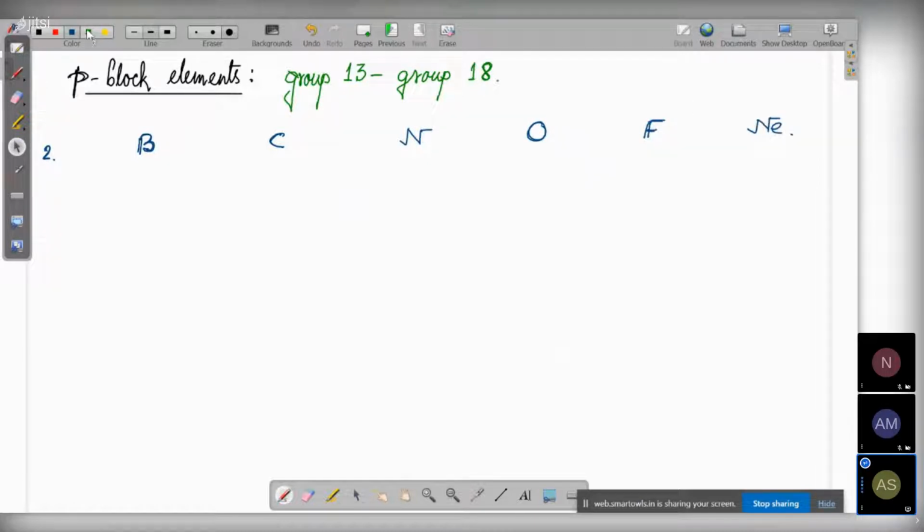So if you see the configuration, boron will be helium 2s2 2p1. Carbon is going to be helium 2s2 2p2.